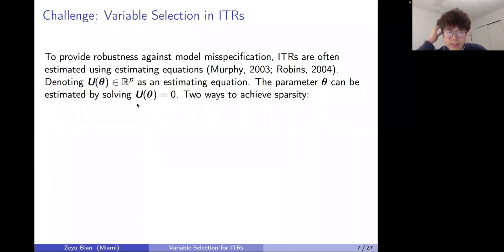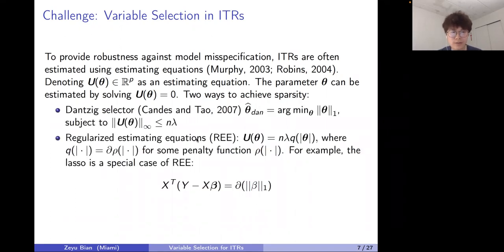However, the resulting estimator by solving this equation has no sparsity. That is, we cannot do variable selection. And there are two ways to achieve sparsity in the use of estimating equations. The first one is to use the Dantzig selector, where the estimator can be obtained by solving this constrained optimization problem.